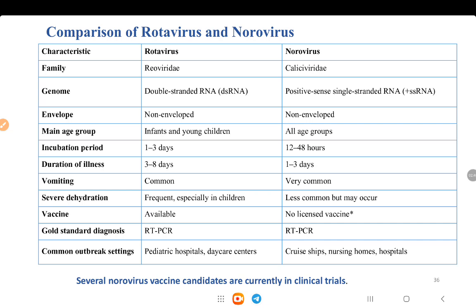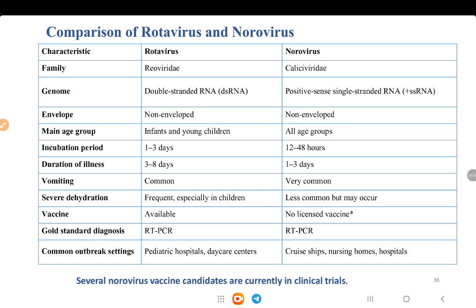These slides compare rotavirus and norovirus. Several norovirus vaccine candidates are currently in clinical trials, under development. From this table you can see rotavirus is the leading cause of severe pediatric diarrhea and is a vaccine-preventable disease.